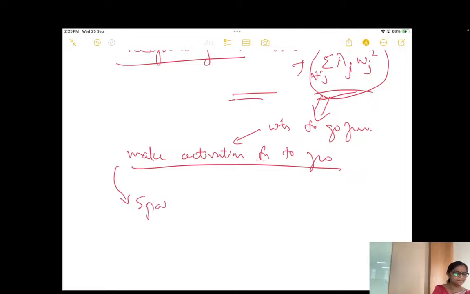Yes, sparse autoencoder. Here you are not making weights equal to 0, you are making activation functions be 0.